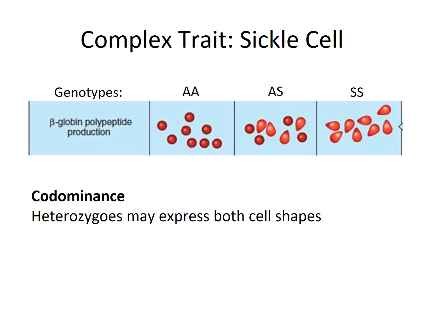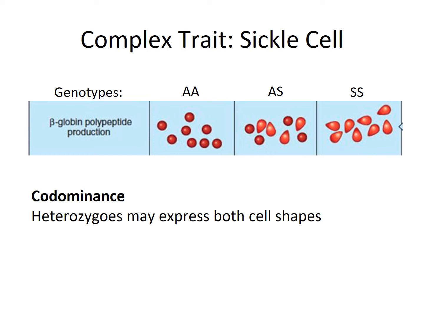And so depending on the environment, this person may not experience any symptoms because they have lots of the normal round red blood cell. Contrast that with the homozygous individual on the far right. This person has sickle cell anemia, where all of their red blood cells take on this sickle shape under certain environmental contexts, and this can be dangerous.